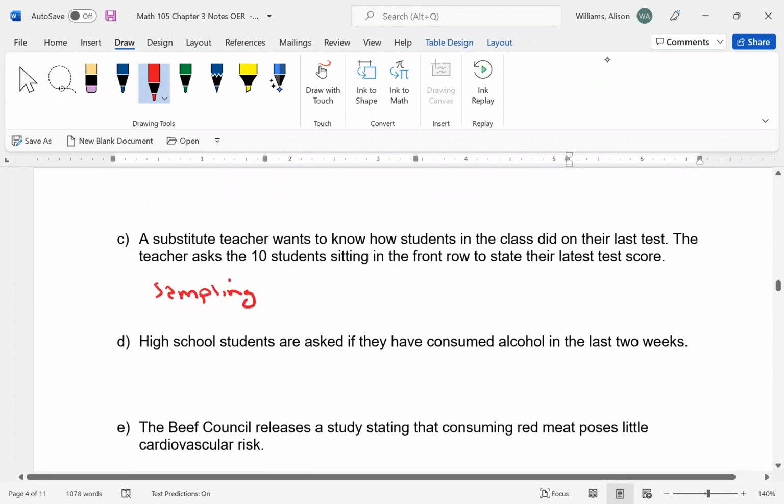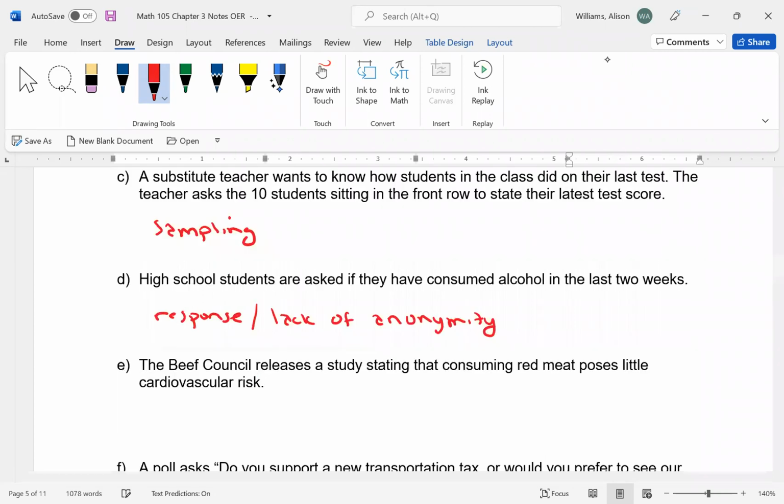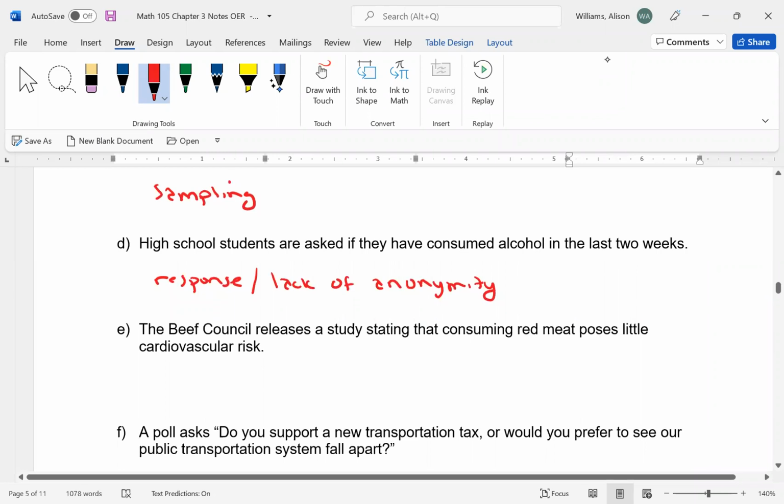High school students are asked if they consume alcohol in the last 2 weeks. Again, just like part A, this could be a response bias, or it could be a lack of anonymity. The Beef Council represents a study that consuming red meat.